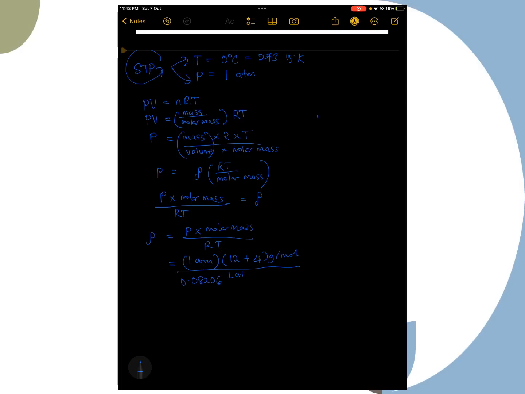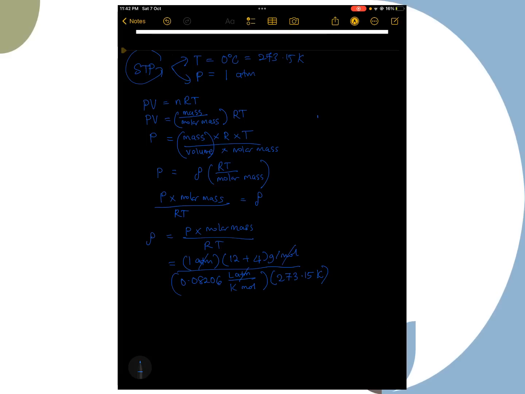0.08206 L·atm over K·mol, times the temperature, which must be in Kelvin, remember, 273.15 K. So you can just cancel the units.